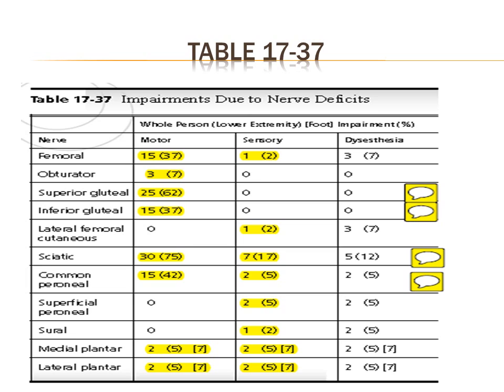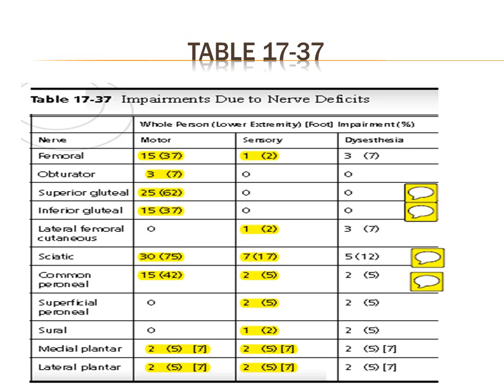It doesn't impair activities of daily living, and therefore it provides for 0% impairment in the presence of even severe pain or severe dysesthesia in the distribution of the obturator nerve. I find that interesting. The AMA guides communicate to us through this chart their opinion of the relative impairments associated with both sensory and motor losses in each of the named peripheral nerves.